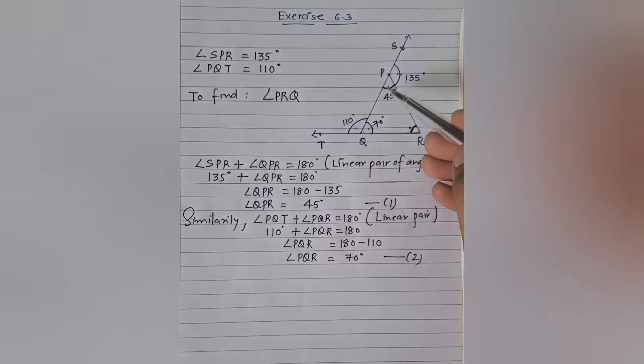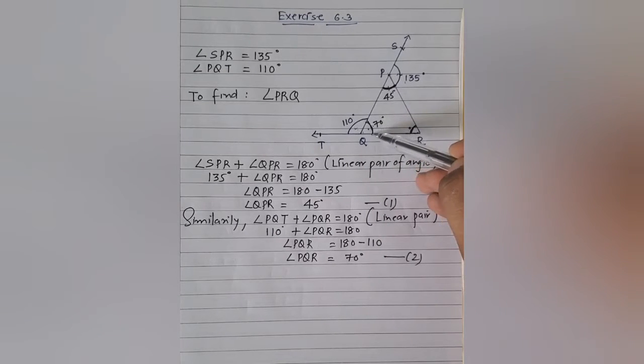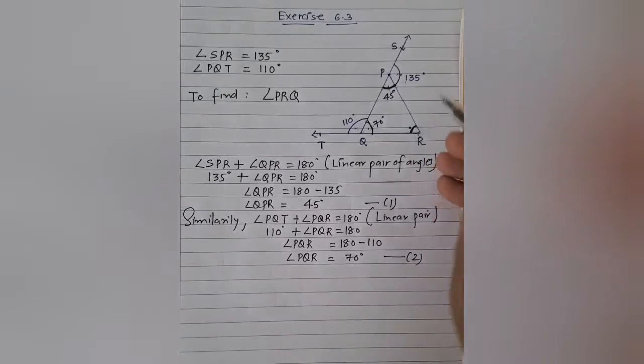Now I've got this angle P of the triangle to be 45 and this to be 70 degree. Now can I find angle PRQ, that is another interior angle of the triangle? Yes, using the angle sum property.